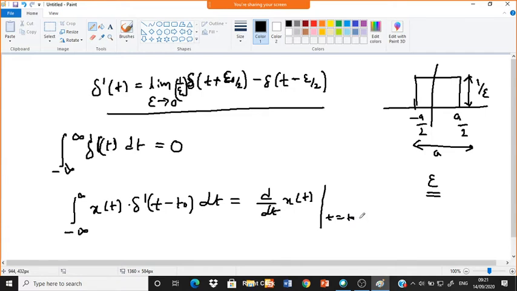So this is the first derivative when you apply it to any signal x of t.